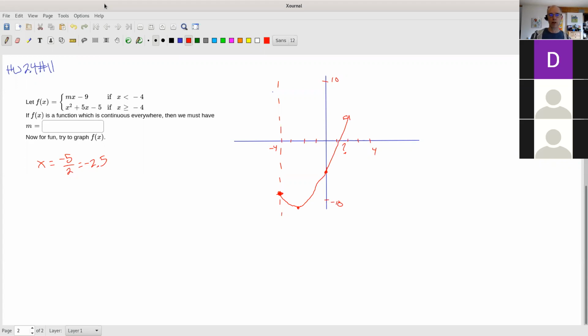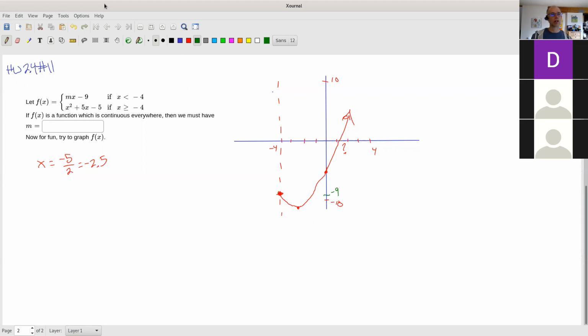It's supposed to be an arrow. And then I have this line over here that hits at -9. So let's draw that in green. So it's going to have an intercept of -9, which is probably over here. And then it's a straight line, and I want that straight line to pass through that point right there. And let's see, where is that line at? Calculate there. Oh, that's -9 too.